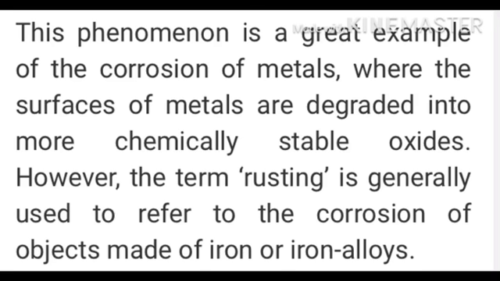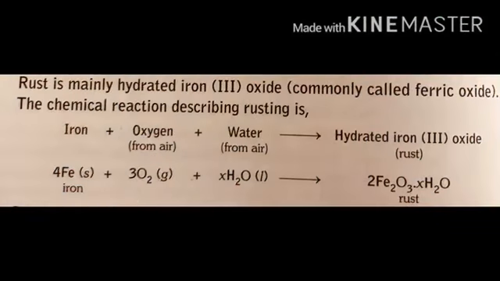chemically stable oxides. However, the term rusting is generally used to refer to the corrosion of objects made of iron or iron alloys. Means, when iron is exposed to moist air it gets covered with a layer of brown powdery material called rust. Now rust is mainly hydrated iron 3 oxide, commonly called ferric oxide.